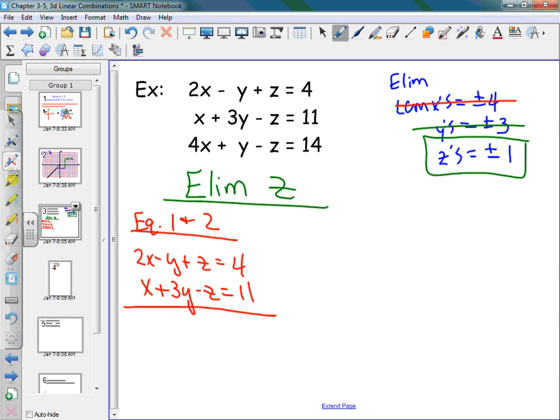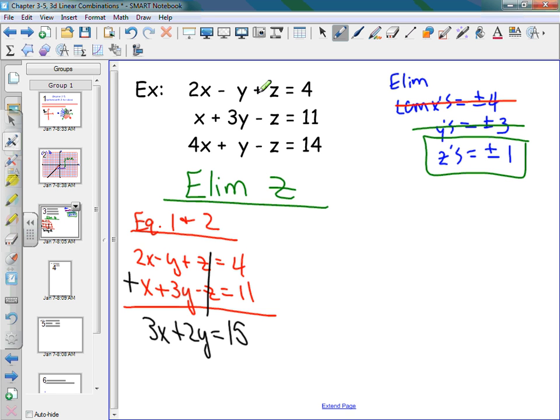What do I do? Well, if you look at the z's, they are already plus or minus 1. So I just need to add straight down. 3x plus 2y, z's cancel out, is equal to 15.